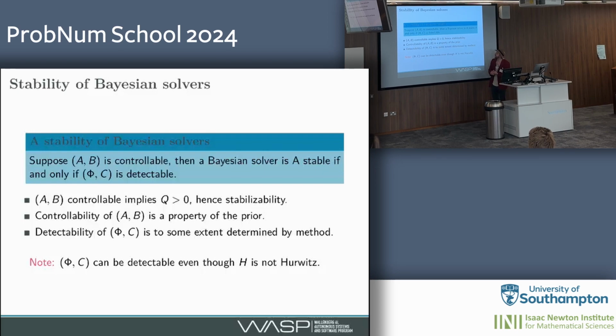And so the result is actually that if our matrices A and B in our state space model are controllable, which just means that I can replace the Wiener process with some other input to steer the state to wherever I want, then the solver is A-stable if and only if this transition matrix in our transition density, which is now a constant because we're on a uniform grid, and this observation matrix, which is also constant, if that pair is detectable.